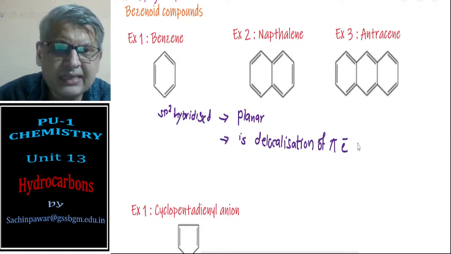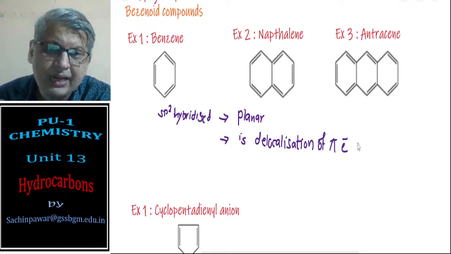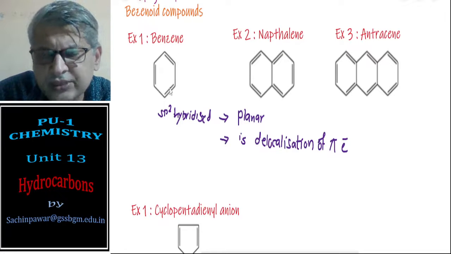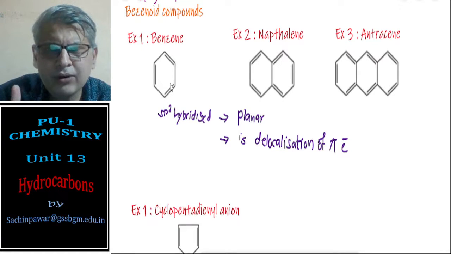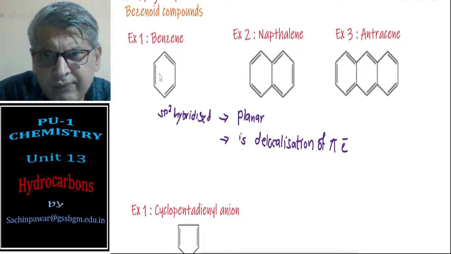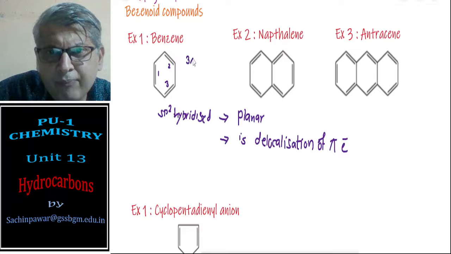Lastly, we have to check the number of pi electrons present. Every pi bond corresponds to 2 electrons. Here we have 3 pi bonds, so 3 times 2 is 6 pi electrons.